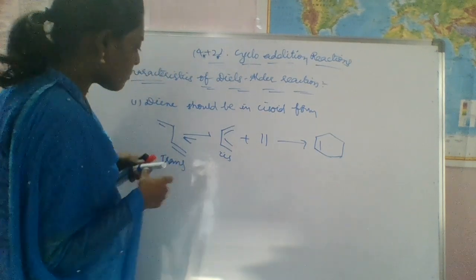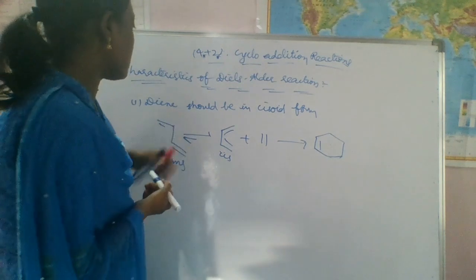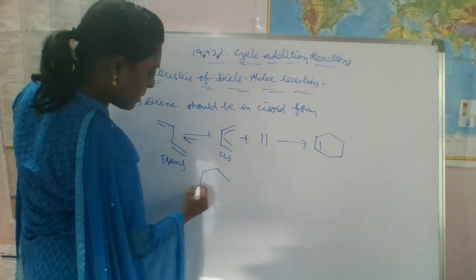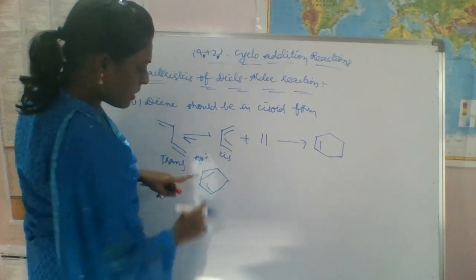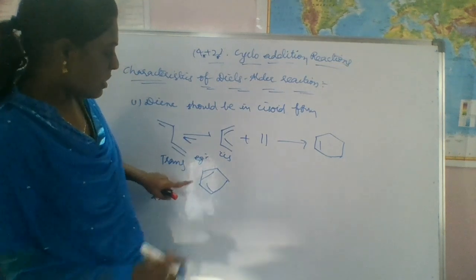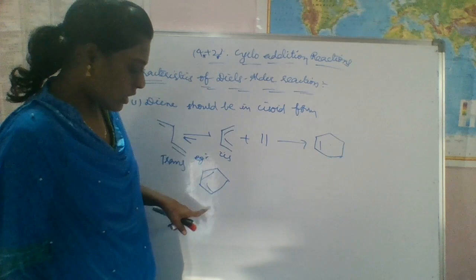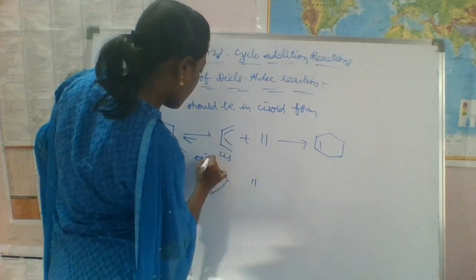Okay. So next, which are suitable for the diene form? Let's see some of the examples. So this is suitable for the 4+2 cycloaddition reaction, right? Okay. And what about the second one? This is the first one.